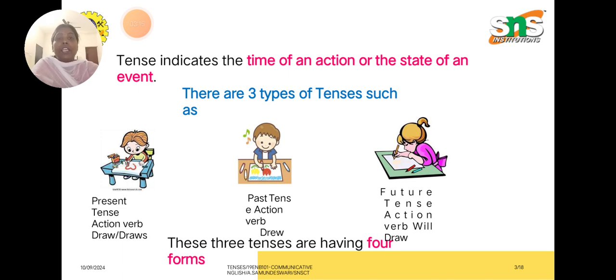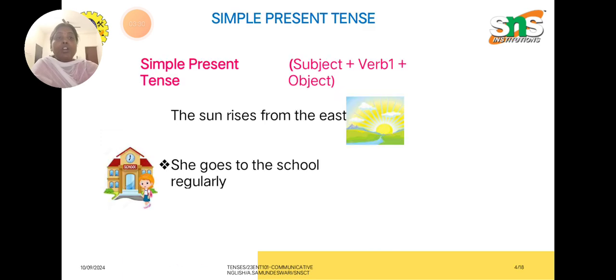So each of the three types of tenses has four different forms. These 12 forms are to be familiarized by an individual to improve his or her communication. Now let us move on to the simple present tense and its usage in our day-to-day life.